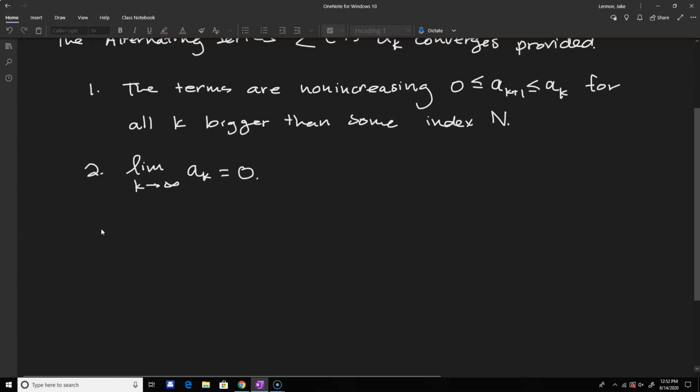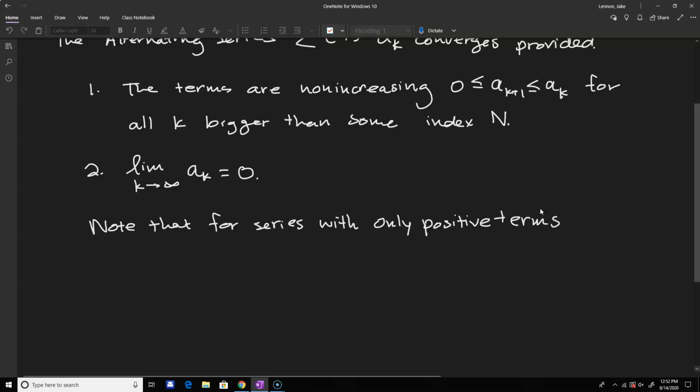So that's important to note. Note that for series with only positive terms, the limit as k goes to infinity of a sub k equals 0 does not imply convergence.